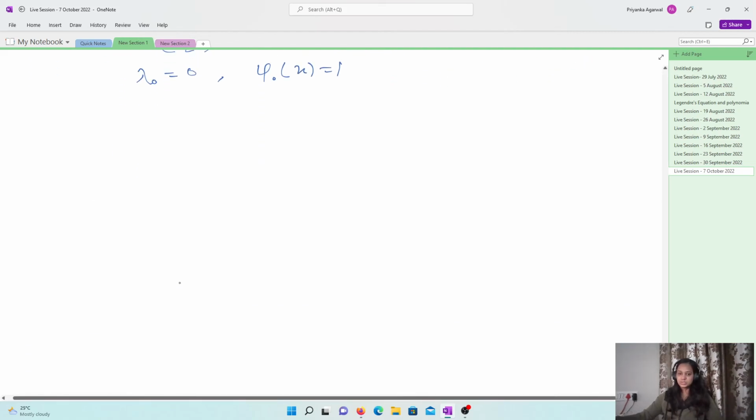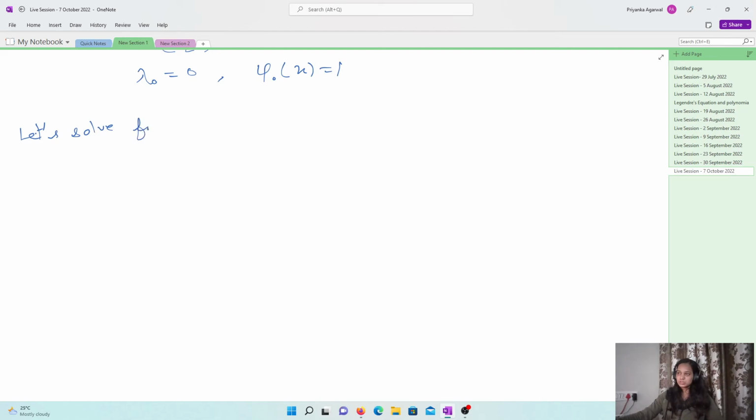Now let's solve for G. It becomes G of t equals C times e to the power minus k n pi over L squared times t.